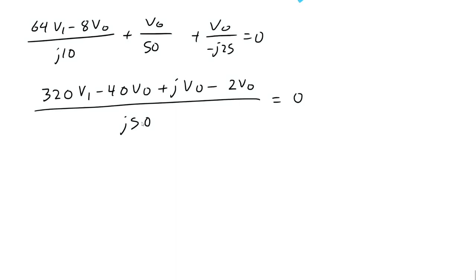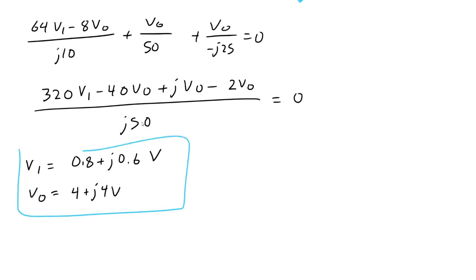And using my calculator, combine these equations, have them solve. I get V1 equals 0.8 plus J0.6 volts, which means that VO is going to equal 4 plus J4 volts. And using these values, we can find out what IO is.